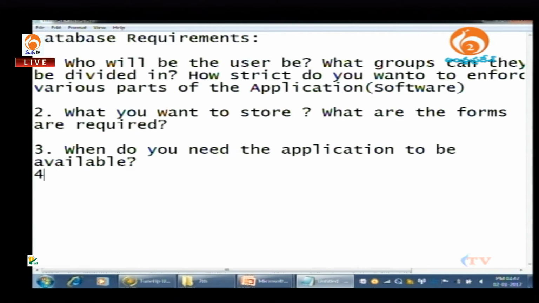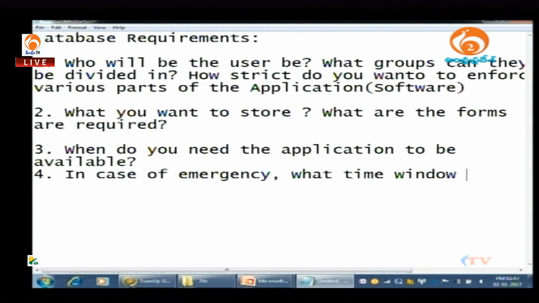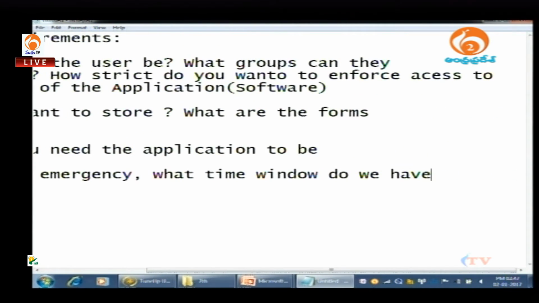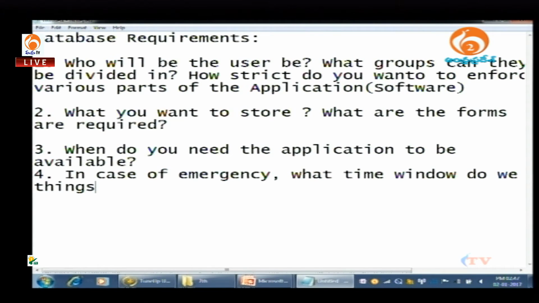In case of an emergency, what time window do we have to get things back up?